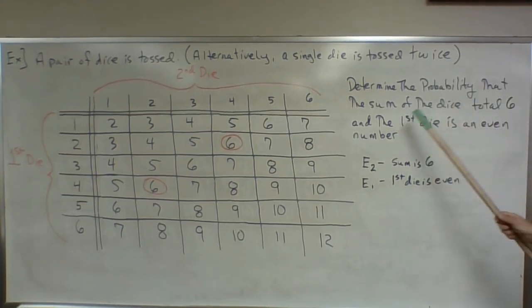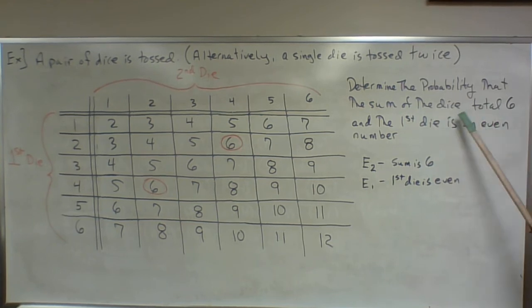Determine the probability that the sum of the dice totals 6, and the first die is an even number. E1 and E2 are the same in this exercise, but we're computing something different.